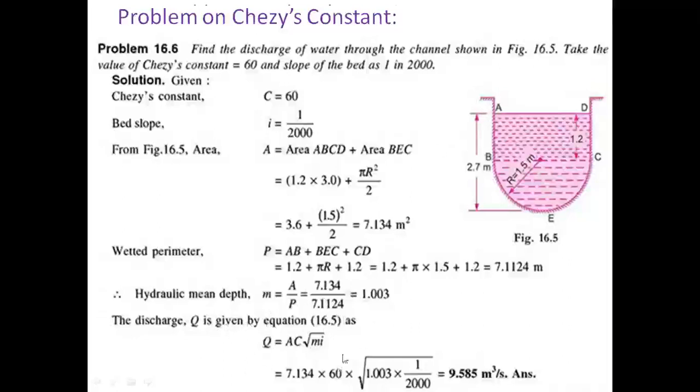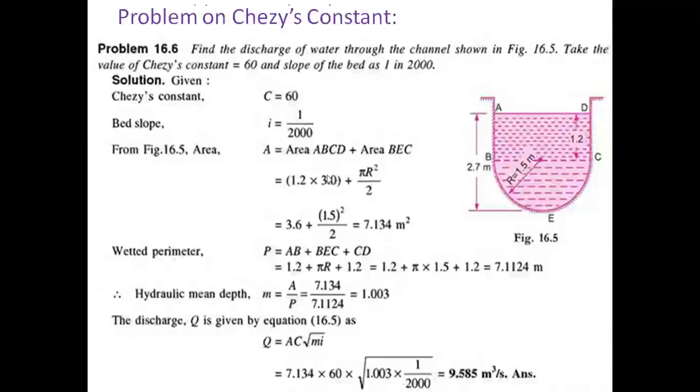The formula for the discharge is Q equal to AC root mi. Here the area is 7.134, into the Chezy constant value already given as 60, into root of m, the hydraulic mean depth value 1.003, into i, the bed slope of the channel already given as 1 by 2000. Finally, the value we get is 9.585 meter cube per second.